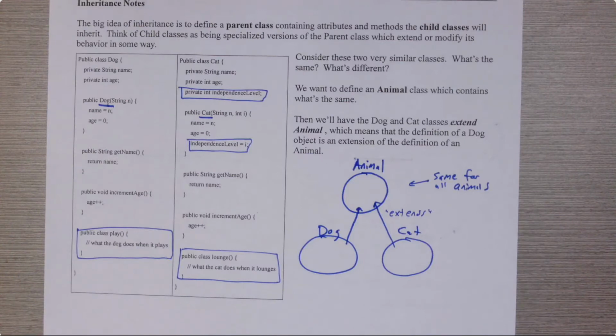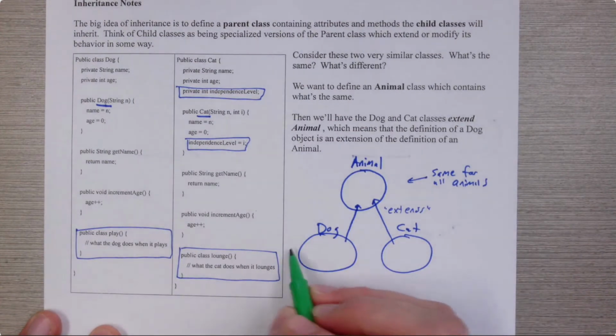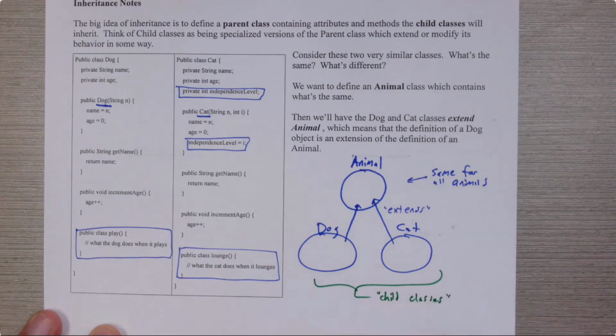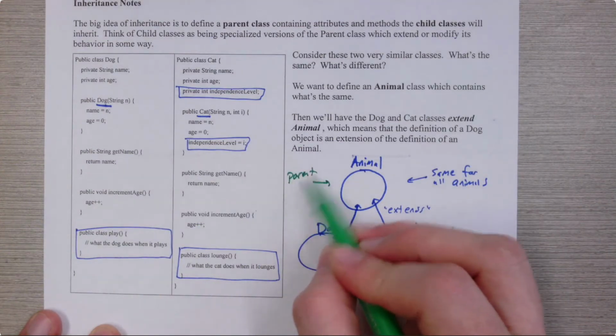Okay, so let's do a couple pieces of vocabulary. Dog and cat are sometimes called child classes. Do you have a guess about what animal is called? The parent class.